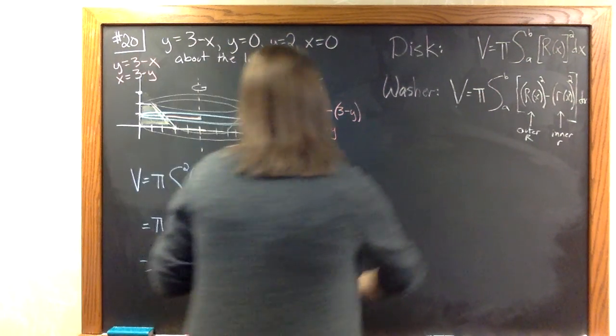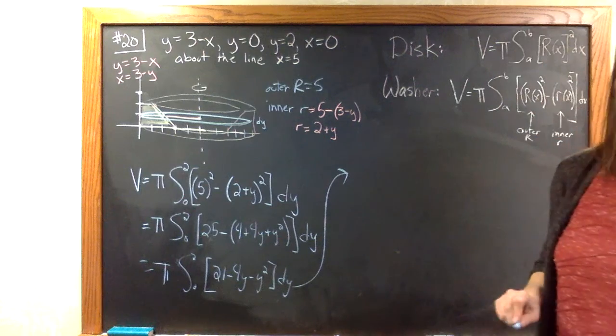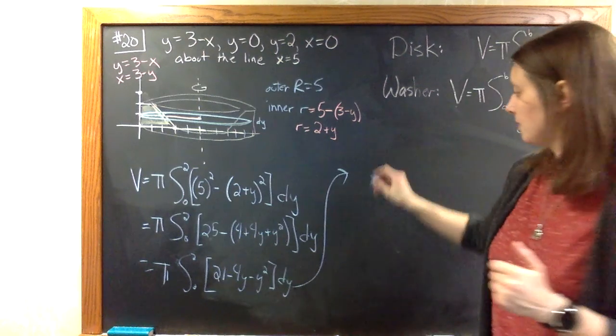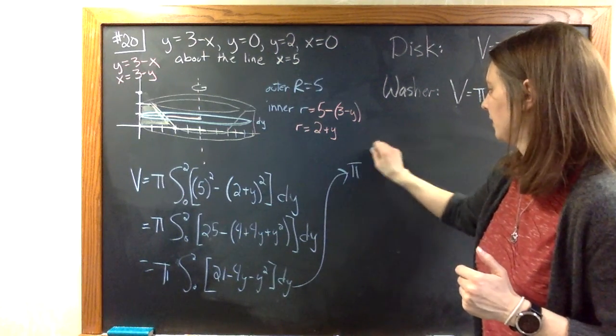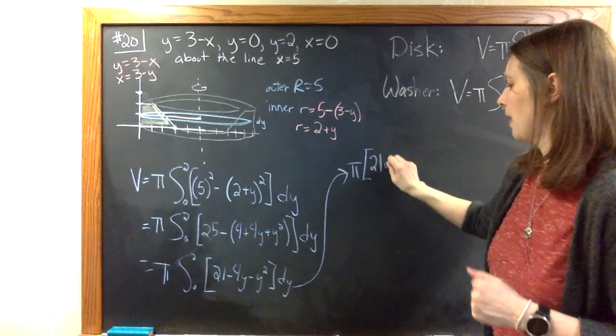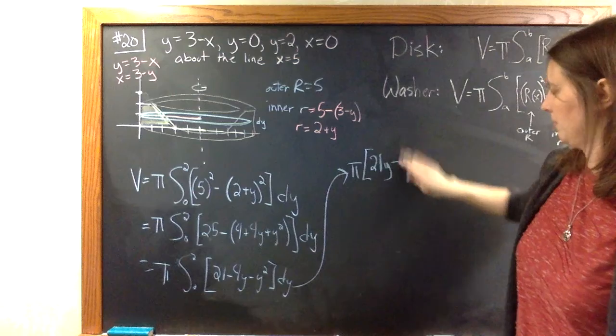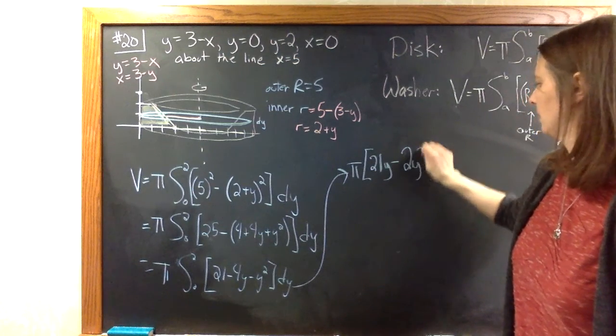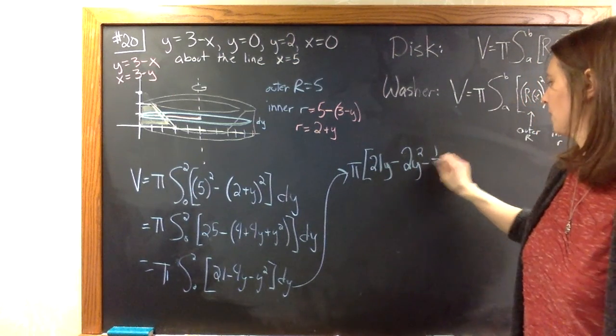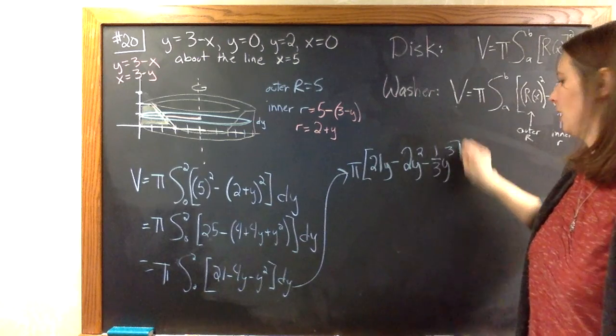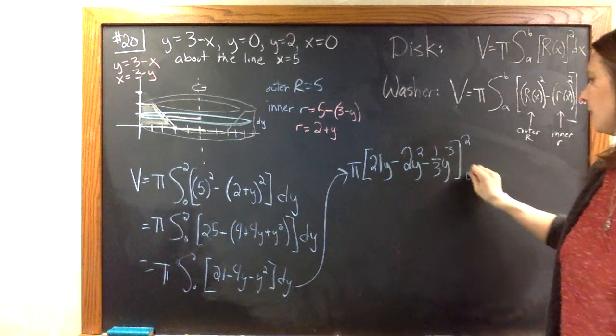And we'll come over here to finish the problem. All right, so we're going to take the antiderivative of all that. So it gives us, oh, there's still a pi out here, 21y minus 2y squared minus 1/3 y cubed. We're evaluating from 0 to 2.